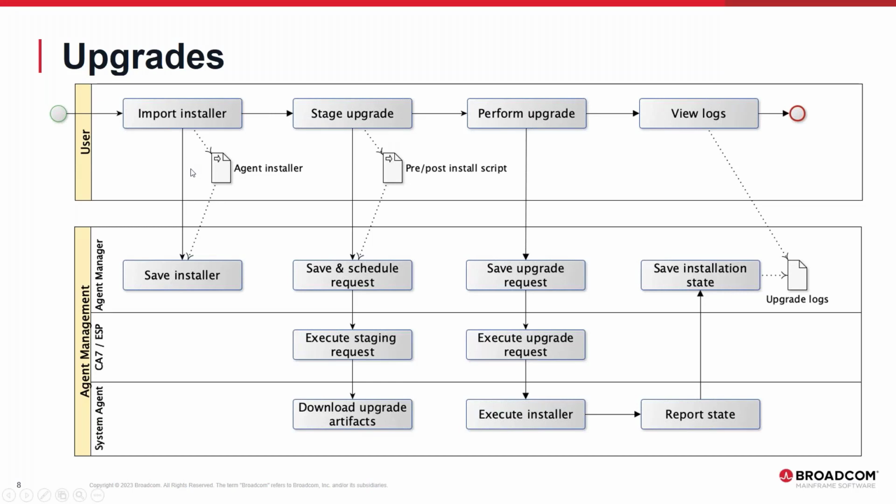After the installer is imported to the agent manager, the next step is staging the agent for upgrade. Staging means that you select the agent which is supposed to be staged for the upgrade, and the agent manager, through the scheduler, will send the system agent a message that it should download this upgrade artifact from the agent manager.